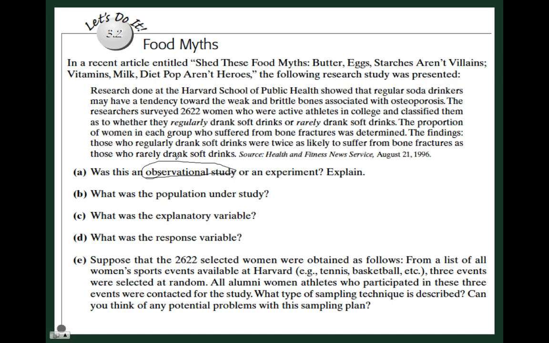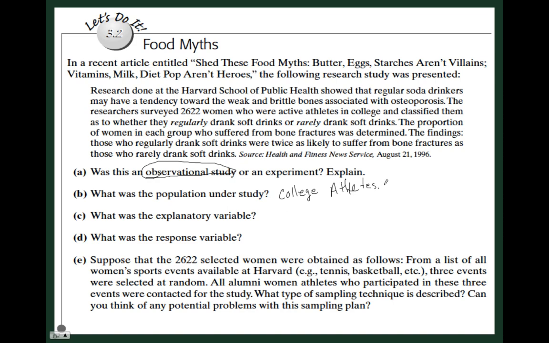Now, what is the population under study? Well, it's a really important question. Notice that the sample came from college athletes. And one of the things we need to be careful of here is that we understand where our sample came from and what population it actually represents.